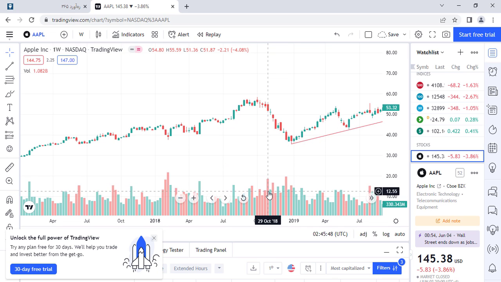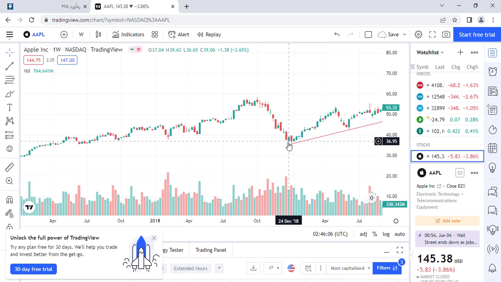For example, this candle has a big volume, a good volume. It's not in a good position, not in a good area, but it has a good volume, and it has enough power to decrease the price.